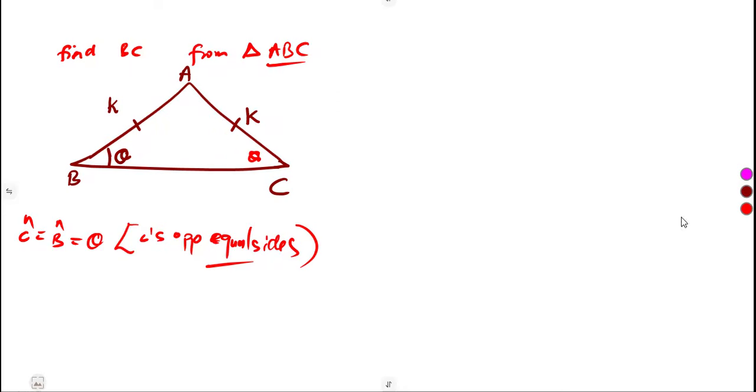So let's find the third angle, which is at A. Remember, we have got two angles. So angles in a triangle, 180 degrees, theta plus theta, and theta plus theta is what? 2 theta.